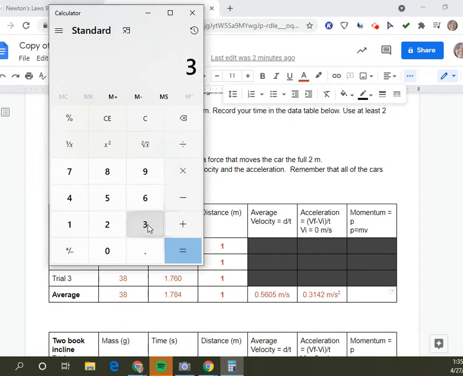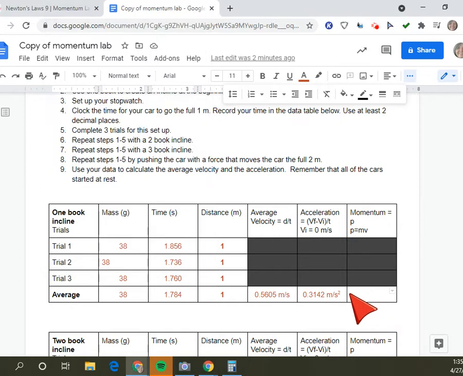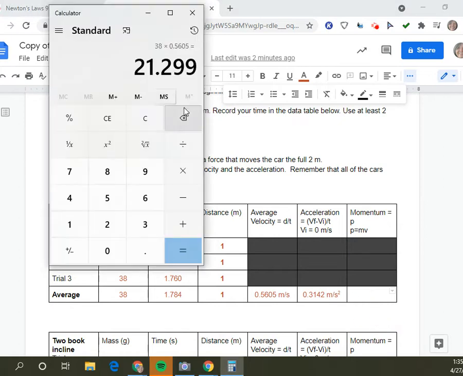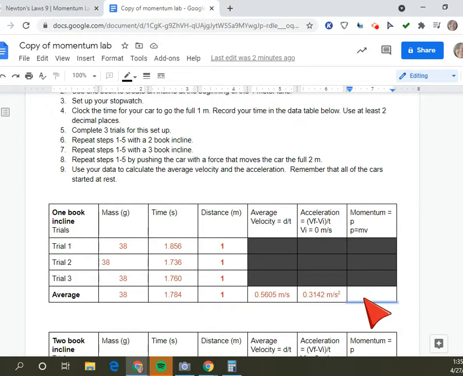So we had 38 grams times 0.5605. Okay, so our momentum for our little car is 21.299. And then what is our unit for momentum in this case?